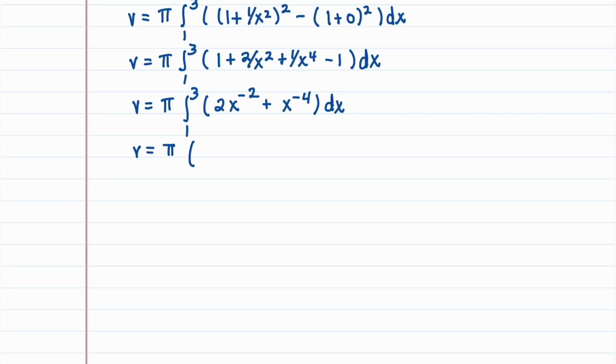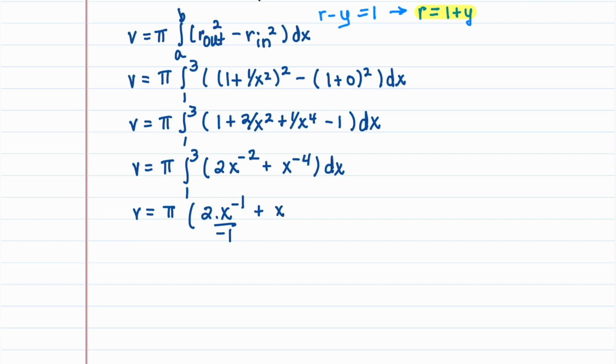This is pi times 2 times x to the minus 1 divided by minus 1 plus x to the minus 3, all divided by minus 3, and x is going to go from 1 to 3. Just to make this easier, I am going to rewrite this before we plug in our limits. This is pi times minus 2 over x minus 1 all over 3x cubed, and then x goes from 1 to 3.